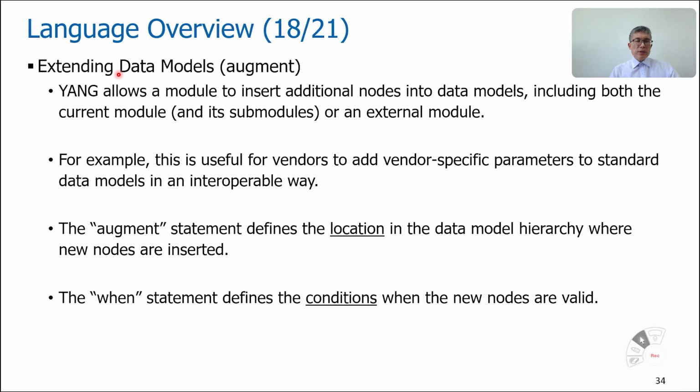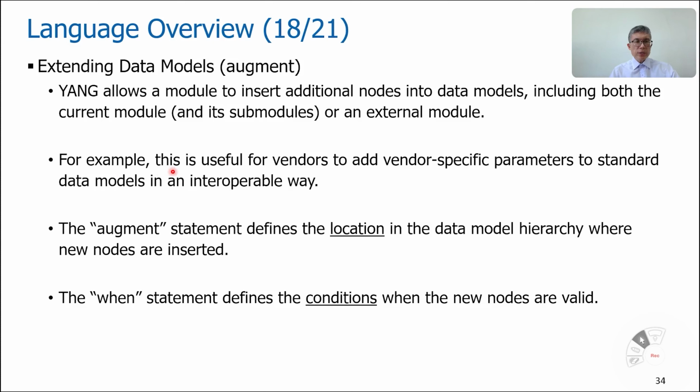And the next concept is augment, for extending the data model. So using augment, we can insert additional nodes into the data model, in both the current module and its submodules, or an external module.